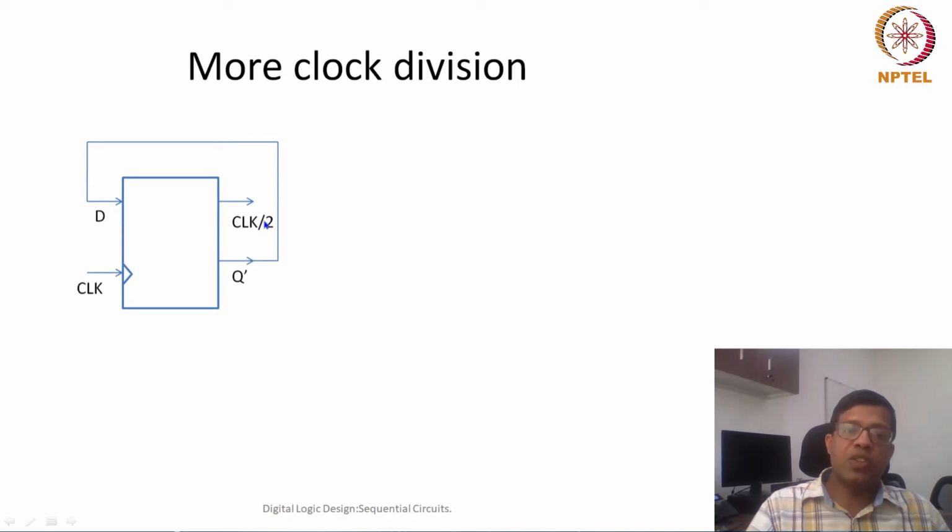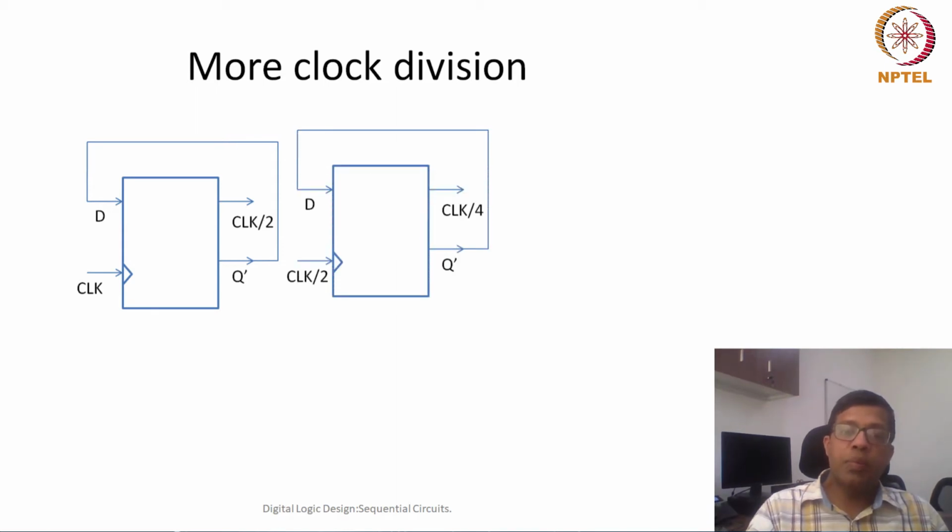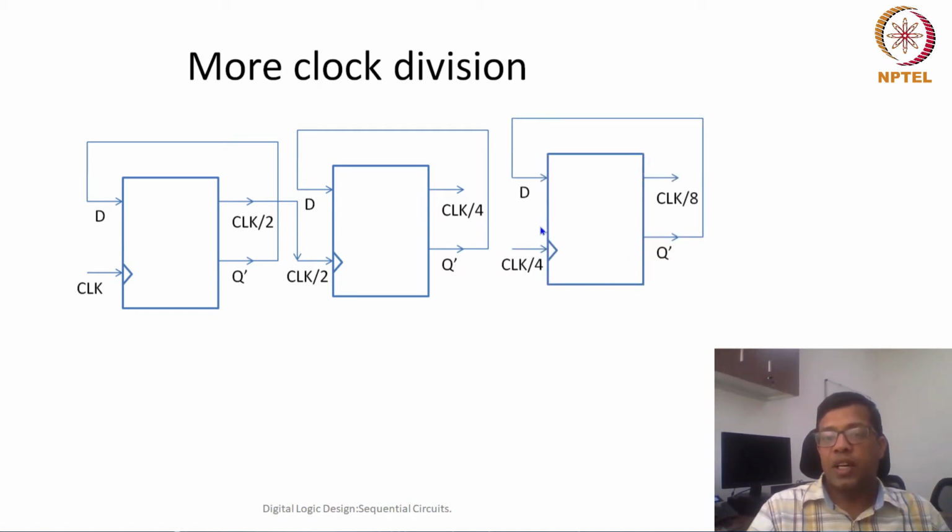Now if I give this clock by 2 as an input to the next D flip-flop, so I connect this Q to the next clock, then the output is going to be clock by 4. Similarly I can connect it further, and this output will go as an input clock for another D flip-flop. Then this output signal is going to be clock by 8.